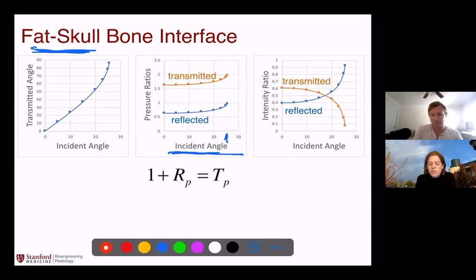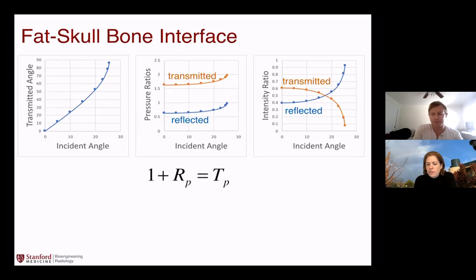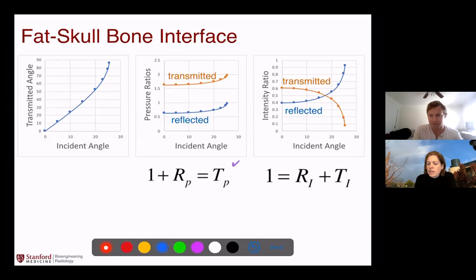And so we might ask, well, is this true? If you look at the numbers, the reflected is about 0.6, and then transmitted is about 1 plus that, and that's true for all those different angles. So this equation holds. And then when we look at the intensity ratio, what we see is that the reflected intensity goes way up right there at that critical angle.